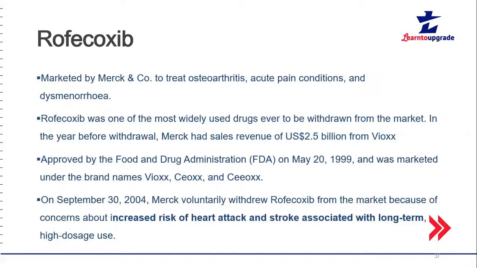However, it got withdrawn on September 30, 2004, after so many reports of heart attacks and strokes after long-term use, which maybe was not clearly studied during the clinical trial, or maybe ignorance. Because of this problem, the drug got withdrawn.